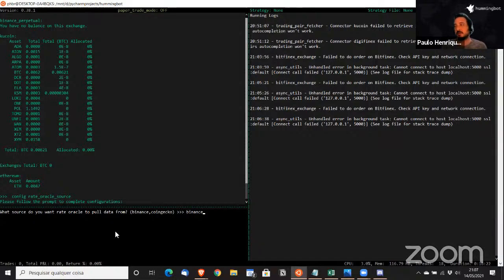And Binance, because everyone knows Binance is the exchange with the highest volume, so we also thought it would be a really good reference for price values across different currencies, right?